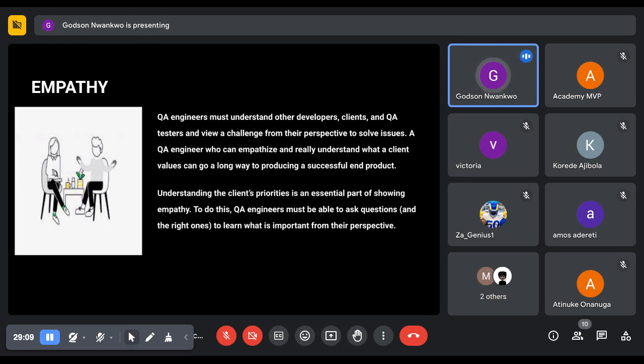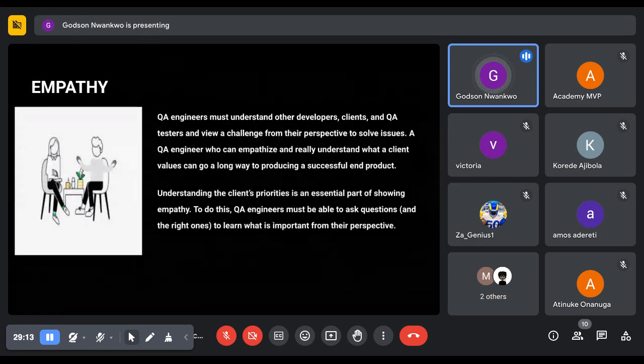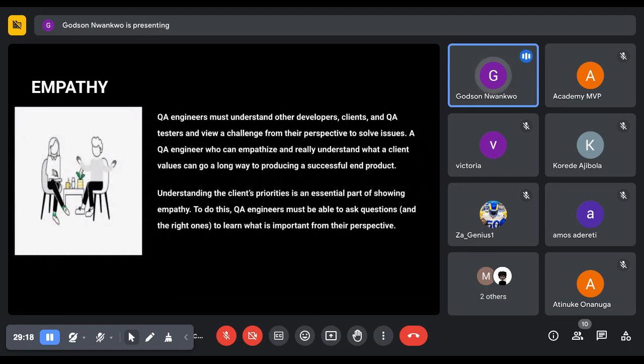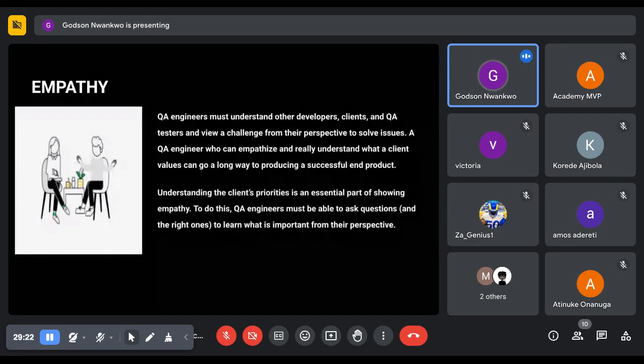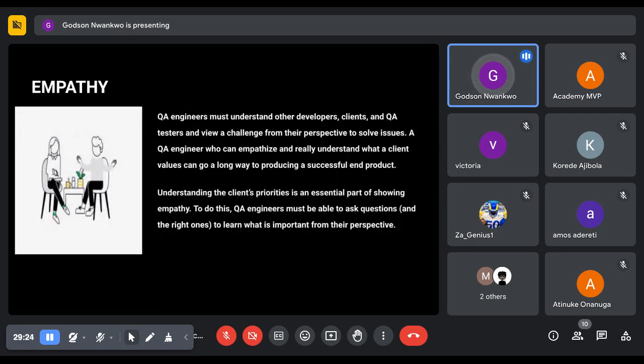And at times, we as humans go through a lot of things in our personal life, in our family and all that, and we bring it to work, along with the pressure.